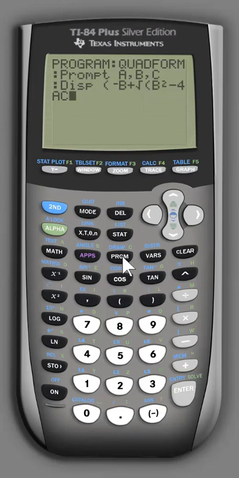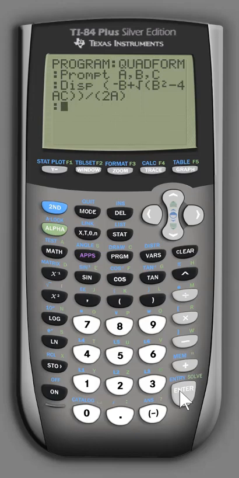So there's what's inside of the square root. I'm going to close the parentheses to close the square root. Do another parentheses here to close the numerator up. Then I'm going to do divided by, open a parentheses, and it's going to be divided by 2a. Close that parentheses and press Enter.